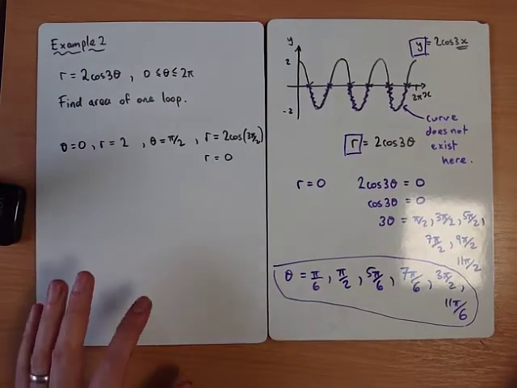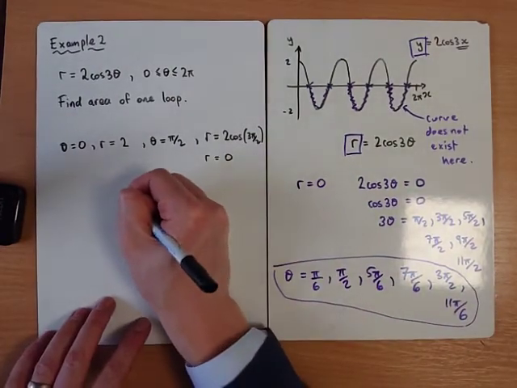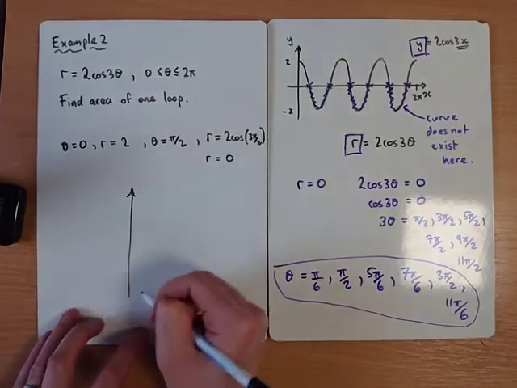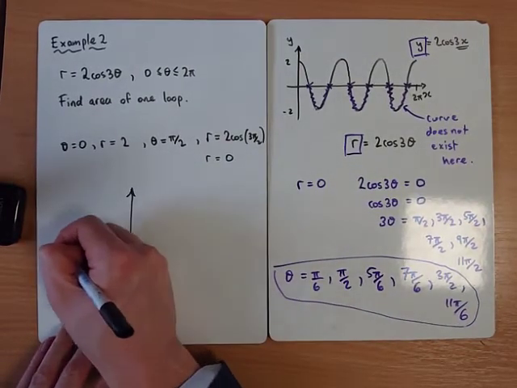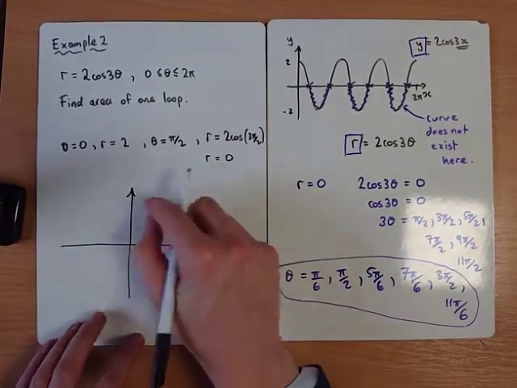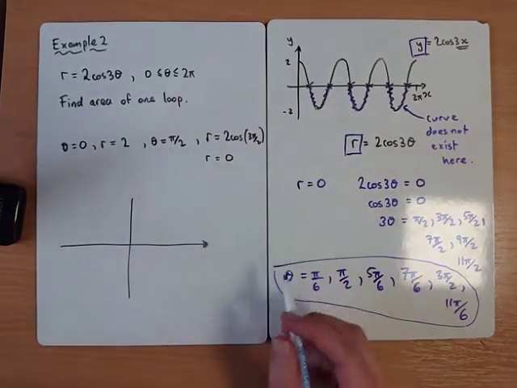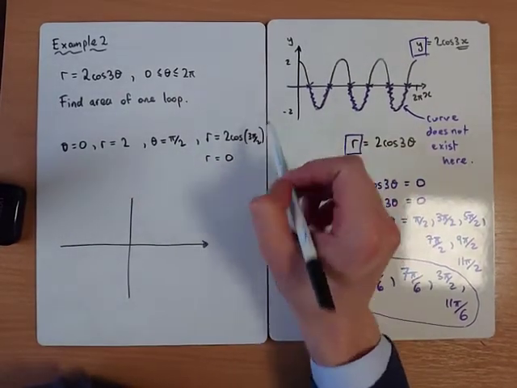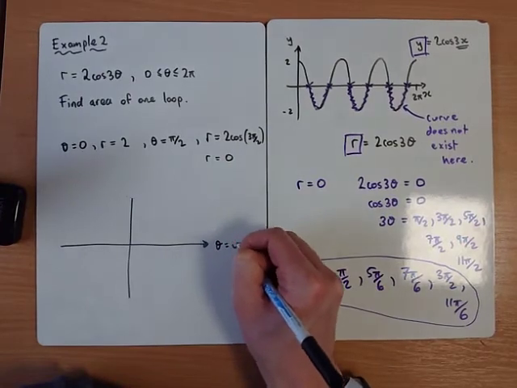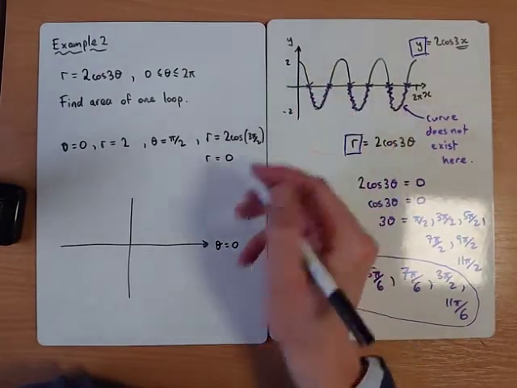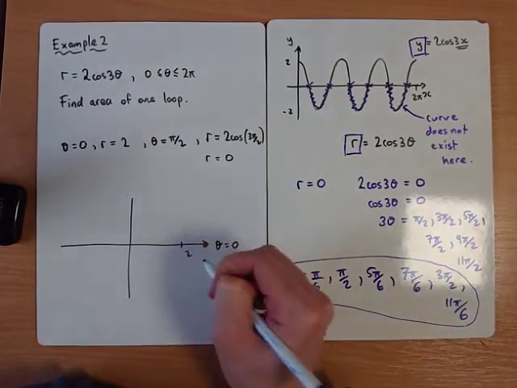So try and get the link with the diagram that we've just been given. In the polar world, when theta is equal to 0, we know r is equal to 2, so we start at a distance of 2 away.